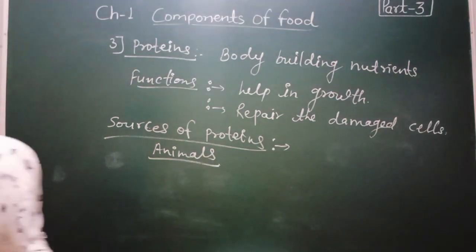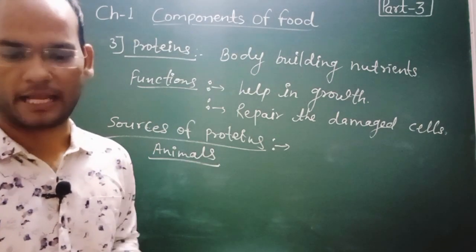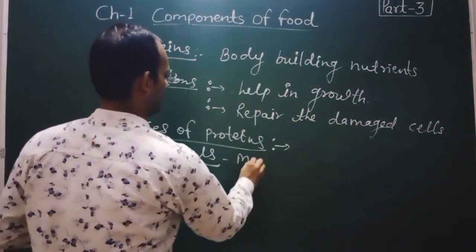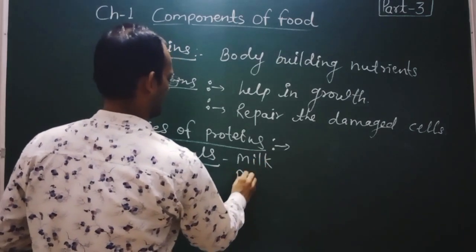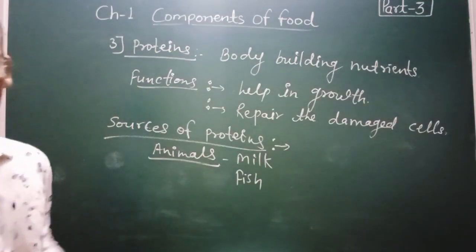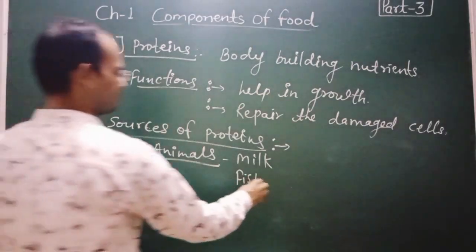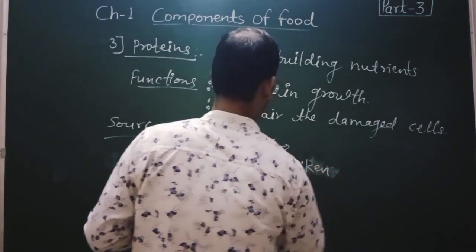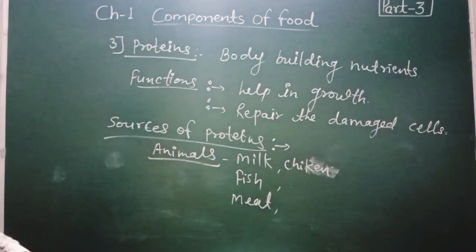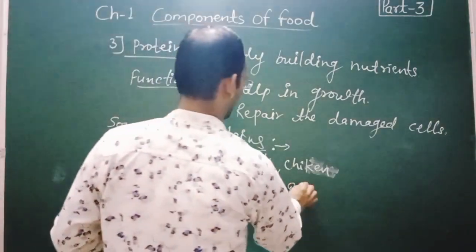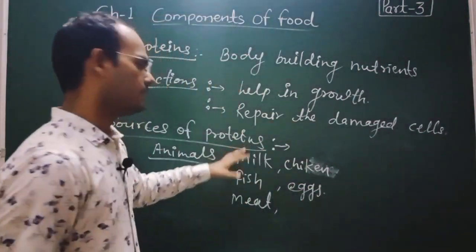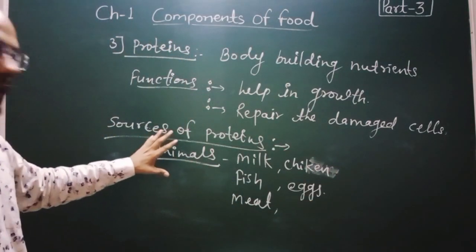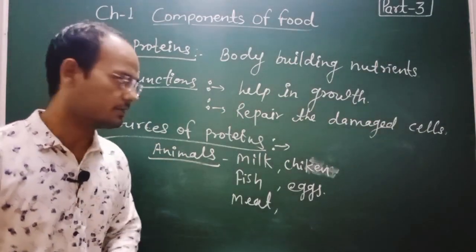From animal foods like milk, fish, meat, chicken, eggs. These are the sources of proteins we get from animals.